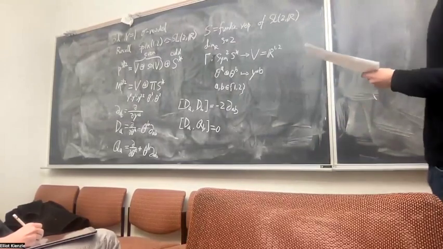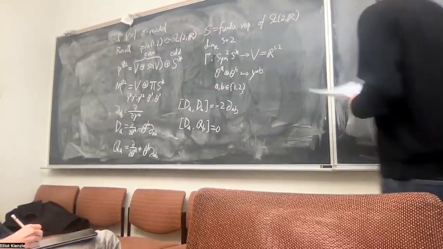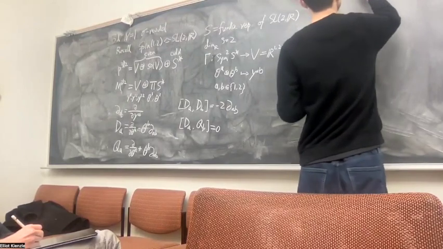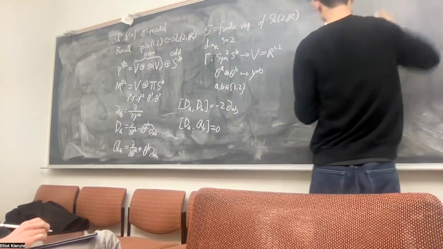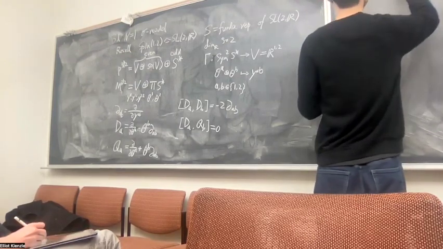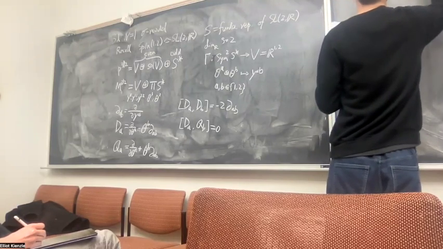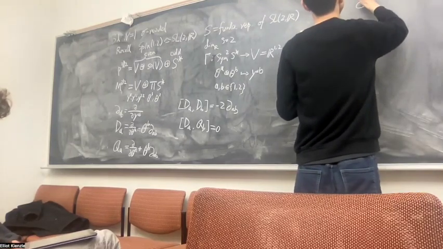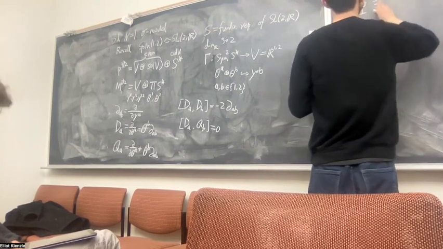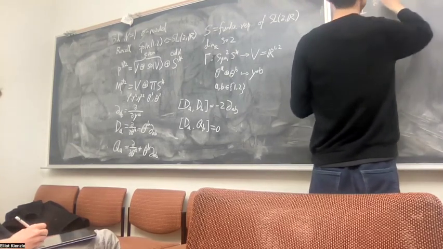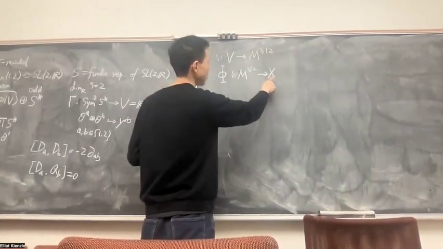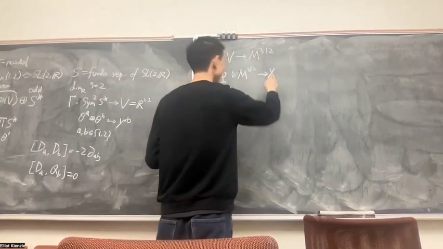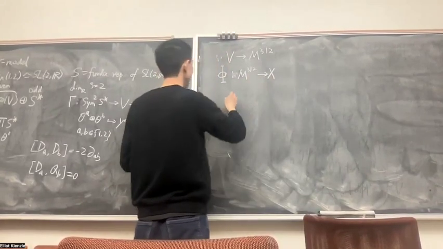So we will do what I have just done for the one-dimensional case, namely, if this i is the inclusion from the usual space-time into our super space-time, and Φ is a super field, so a map to a target manifold X, a Riemannian manifold.